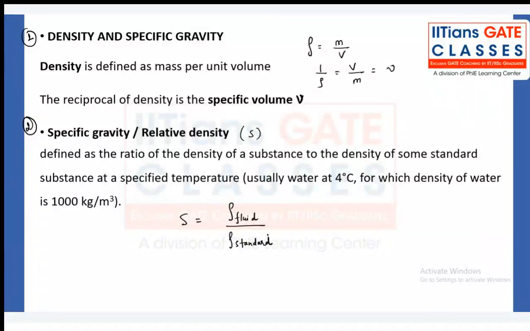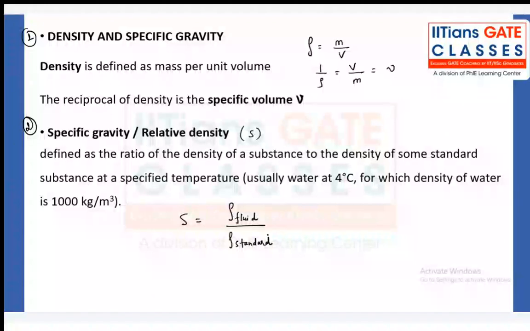No, the physical significance is that we can compare the density of any fluid with a standard fluid, right? How heavy that particular fluid is. That is what it is basically.